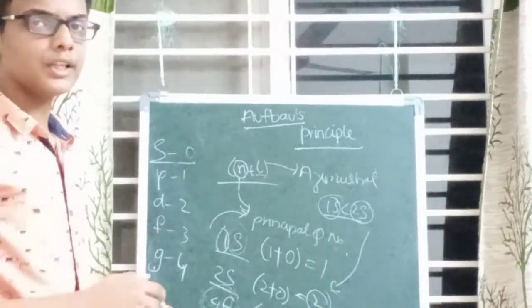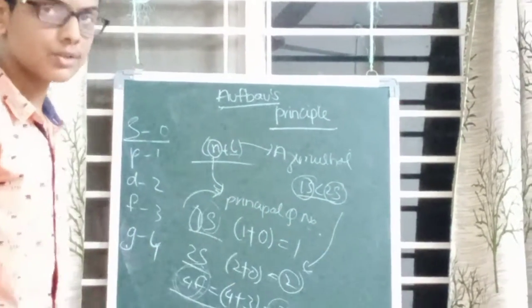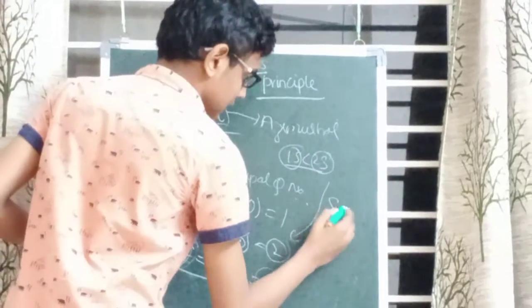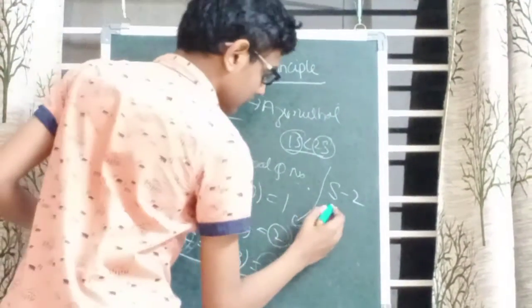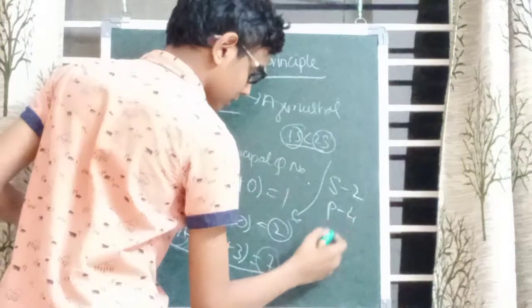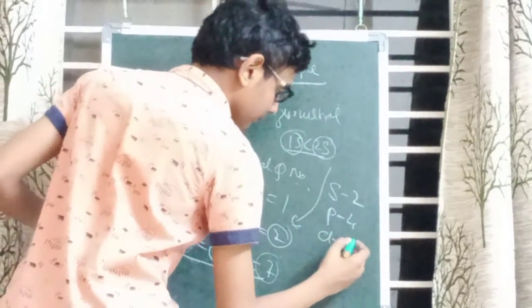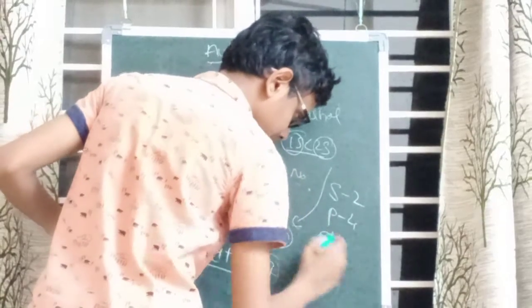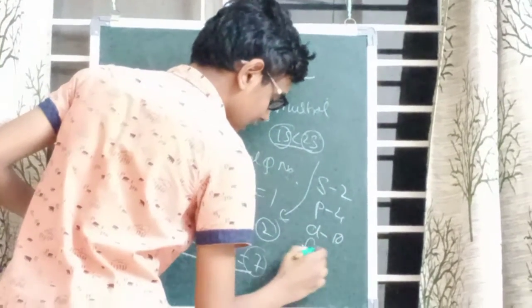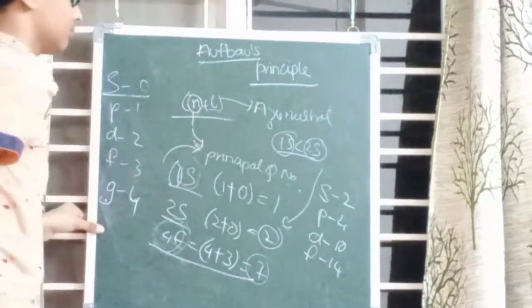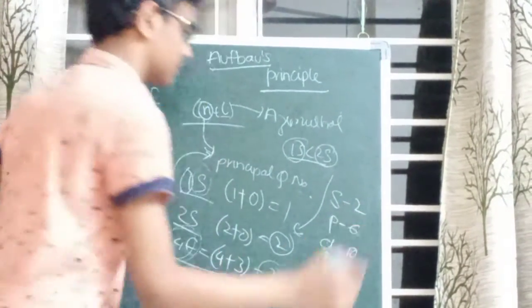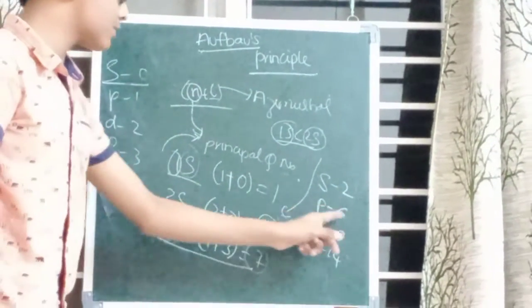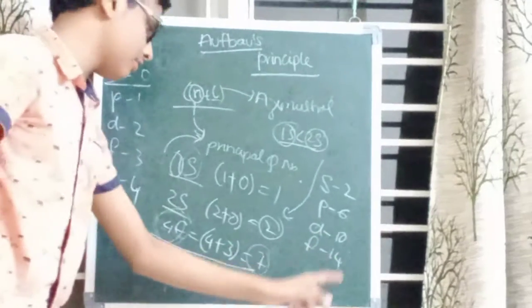While discussing the azimuthal quantum number, I gave these values also. S will have 2, P will have 6, D will have 10, F will have 14.